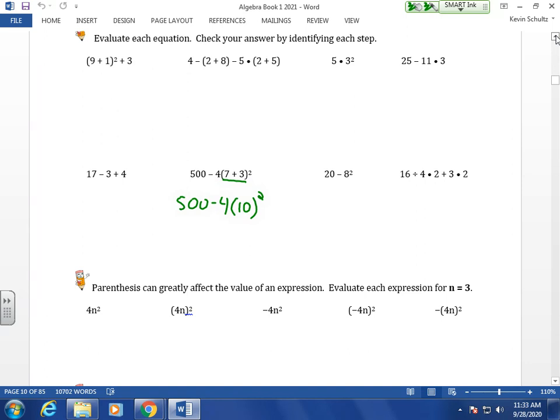The exponent. The exponent, right? 10 squared is 100. So now we have 500 minus 4 times 100. Now we would multiply. So we have 500 minus 400. And we're clear to evaluate. 100 would be the answer.